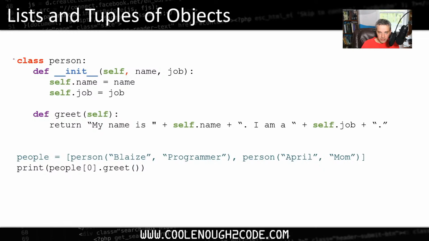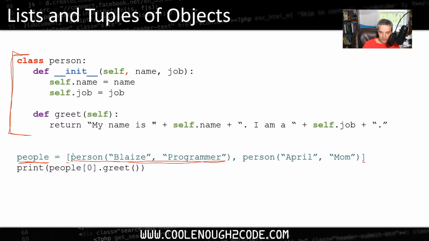So this is the class. I just have it here for reference, and I'm not going to go back through that, of course, but this is the class I've been working with. Now down here, I have this variable called people, and it is a list because I'm using these square brackets right here. And inside of my list, I have a reference to my person class right here, and I'm calling the init method right here. I'm giving it the parameters that are basically hard-coded in this code.